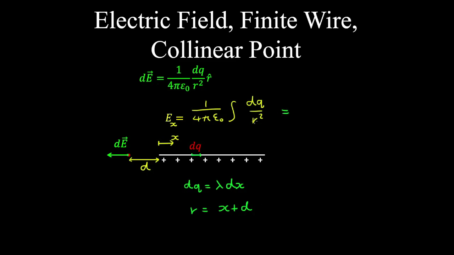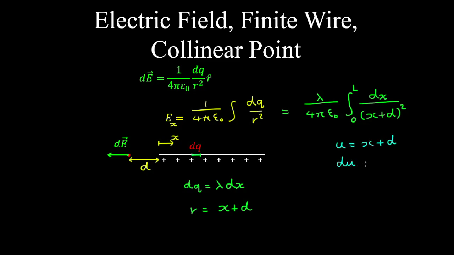So we can rewrite this integral as follows, taking lambda outside, which is constant. So we have dx on r squared. And we're integrating from x equals 0 to the length of the wire. So here we can use u substitution.